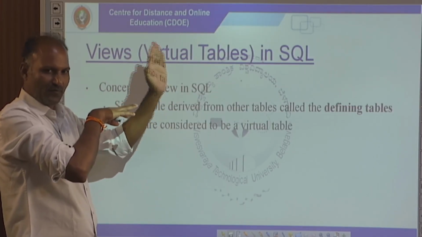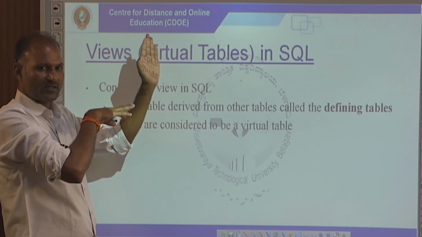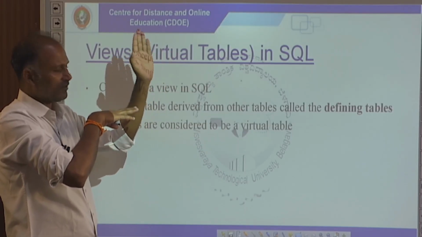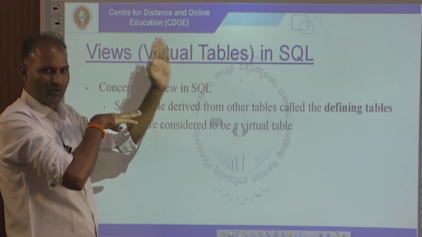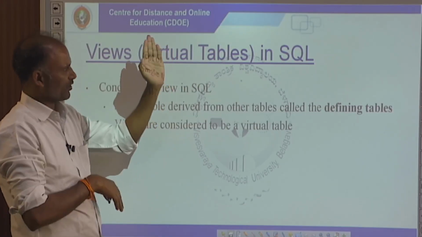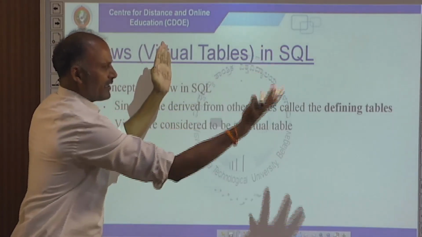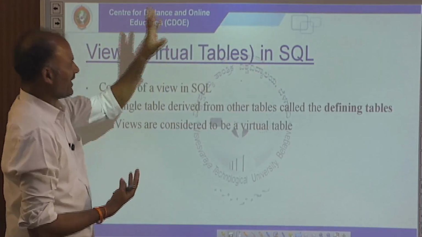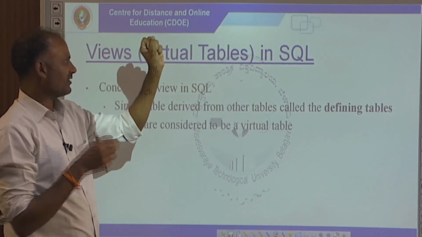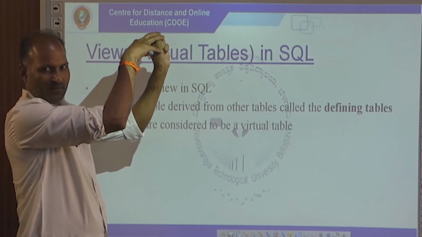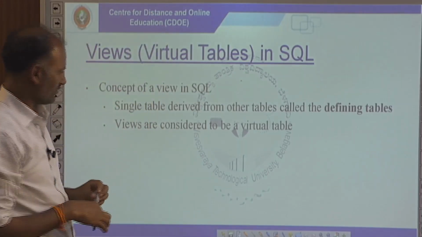You can apply all the SQL operations that you perform on a table on the virtual table also. Virtual tables get the data from multiple tables and create one single table, and then you apply SQL statements on this. So, that is a view.